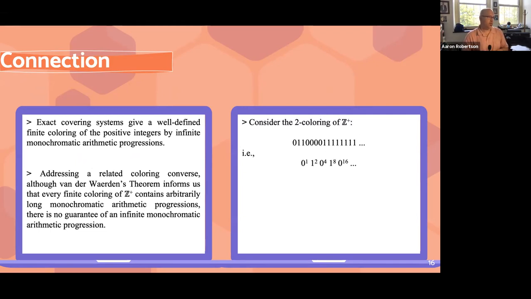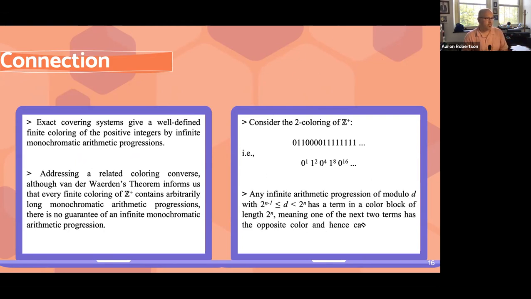And if I look at this in reverse, Van der Waerden's theorem tells me that I have arbitrarily long arithmetic progressions of the same color, but I don't necessarily have infinite ones. So for example, if I take intervals alternating in color that just double every time, then whatever modulus you give me, it's between 2 to the n minus 1 and 2 to the n for some n. And so once it hits that block of 2 to the n, one of the next two terms is not going to be the same color.